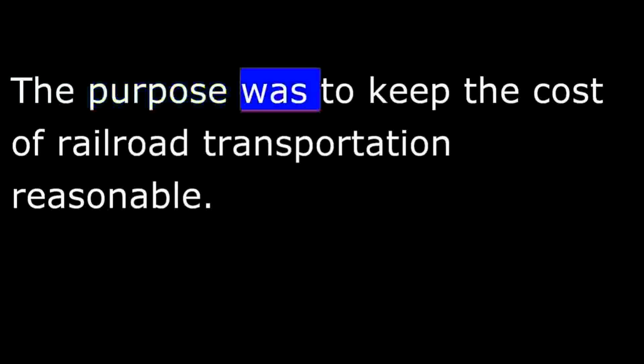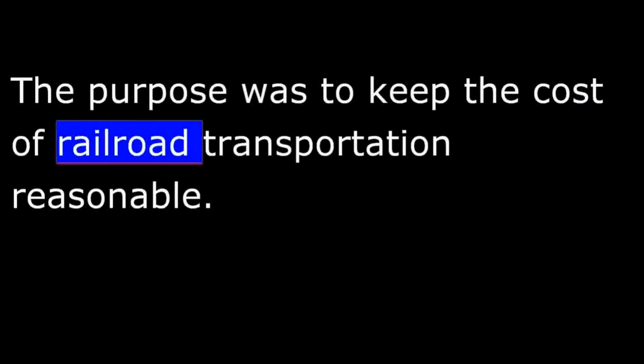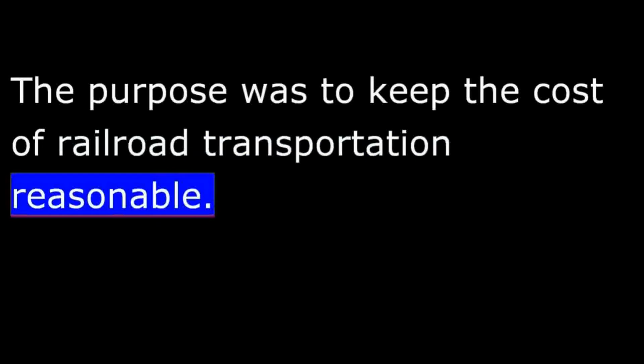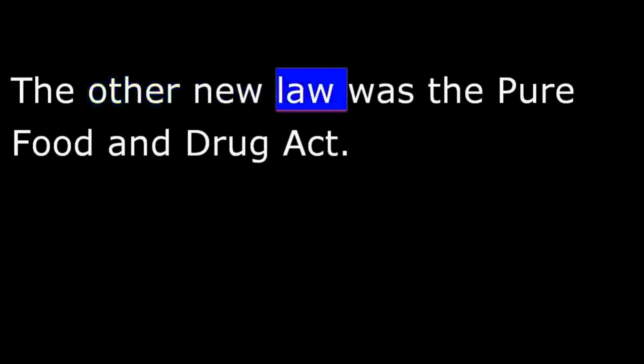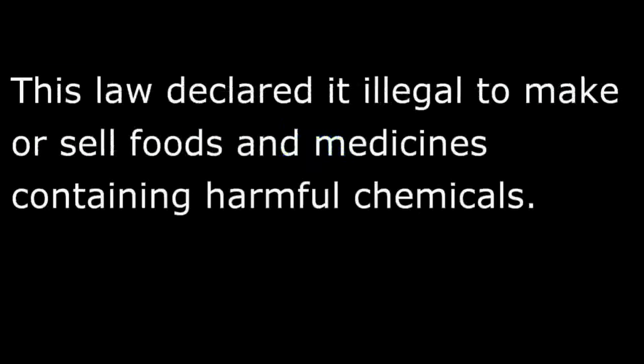The purpose was to keep the cost of railroad transportation reasonable. The other new law was the Pure Food and Drug Act. This law declared it illegal to make or sell foods and medicines containing harmful chemicals.